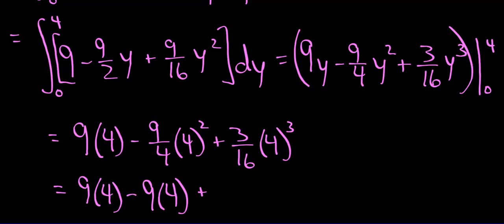Plus, is this going to be 3 times 4? Yeah, I think so. I think we get a 12. Hot dog, that turned out nicely. Makes me think I did it right.